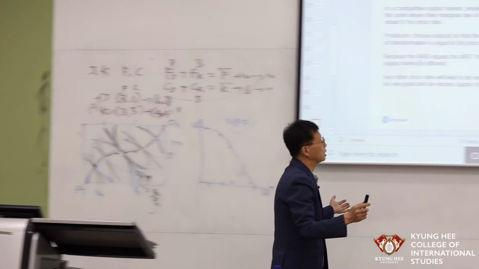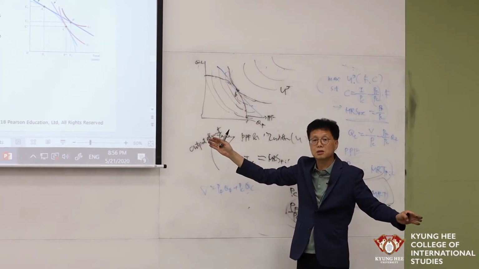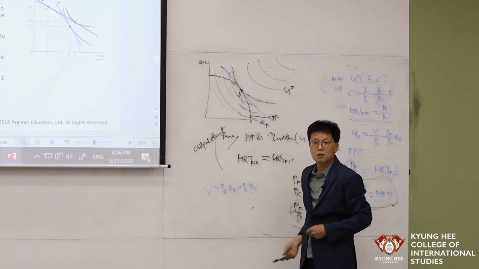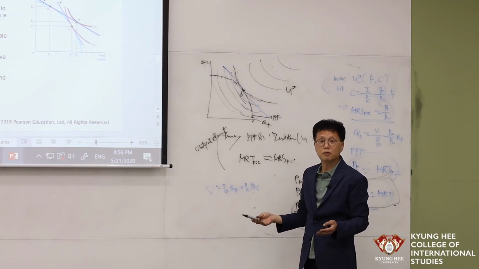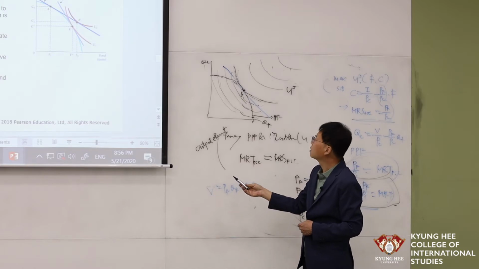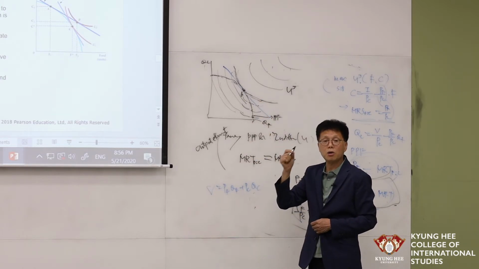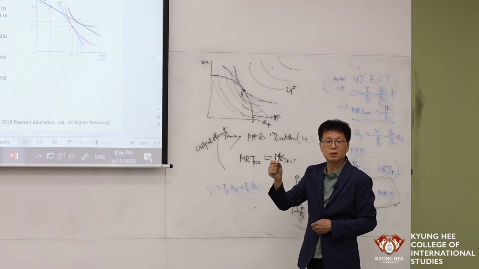So Adam Smith's idea is just this point. Economies can reach this efficiency point in production, consumption and output, achieved automatically only when the market is perfectly competitive.